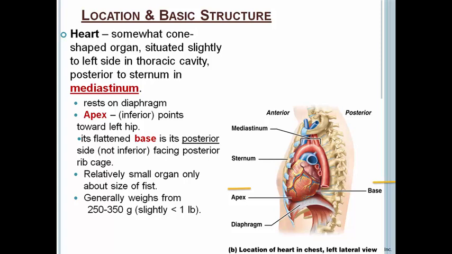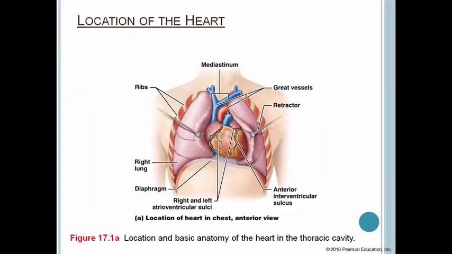So again, the apex would be the inferior portion of it, and the base is the posterior side that faces the rib cage, as the ribs come along from the posterior side of it. And if you made a fist, that's about the size of your heart. So the size of the hand is in direct relationship to the size of the heart.